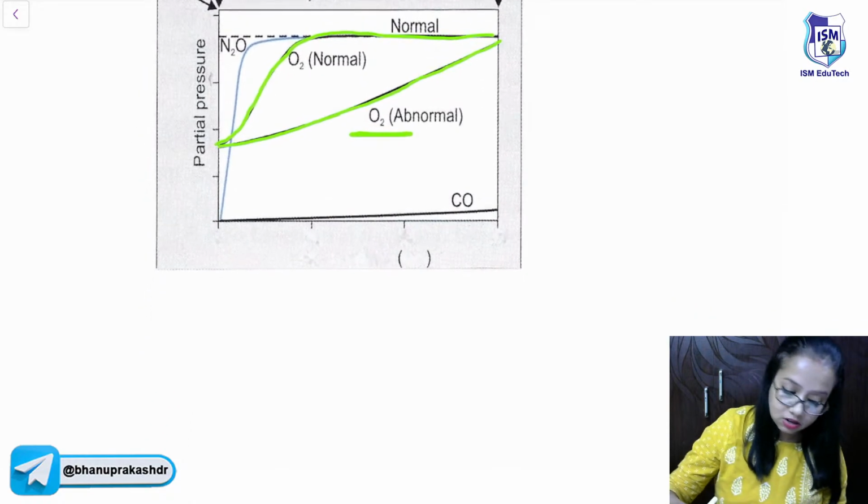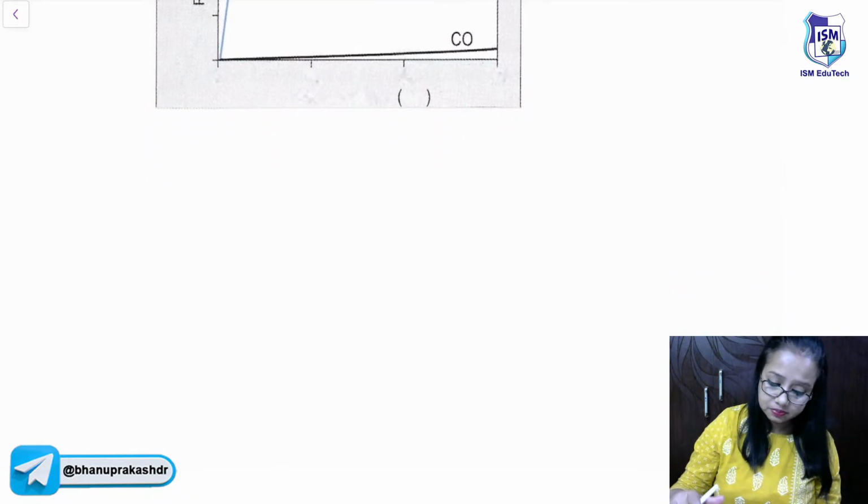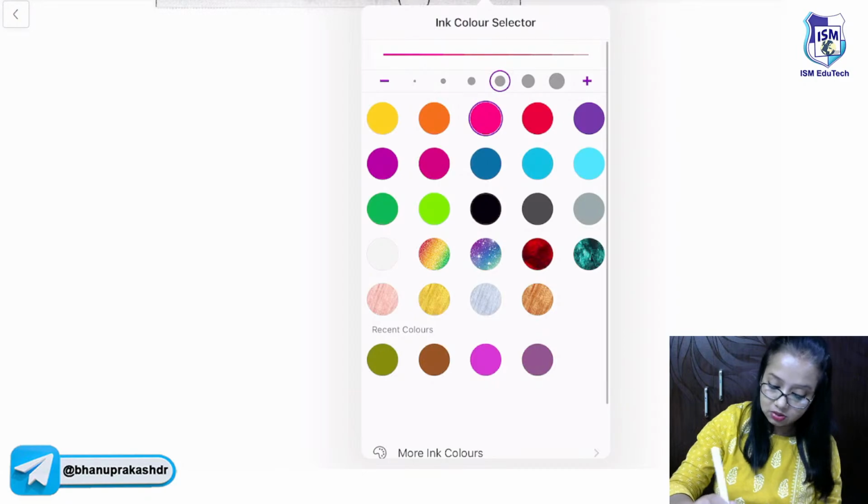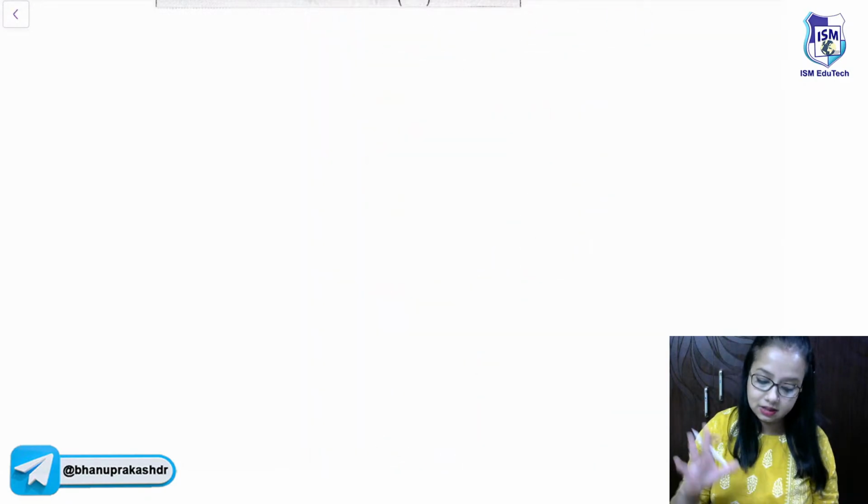Okay, this is in context to the respiratory system. Coming to the content of the oxygen. What are the partial pressures? What is the content of the oxygen that is being carried in the blood?